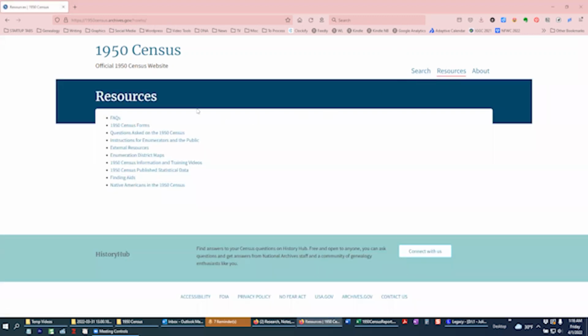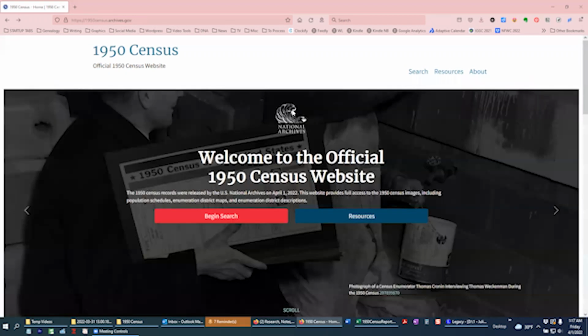So if you are looking for the form, the questions asked, or the instructions for the enumerators, which is very helpful actually, enumeration district maps and other things, this would be the place to come. Let me go back to the home page here, and we are going to begin our search. Oh, there's also a resources button here.